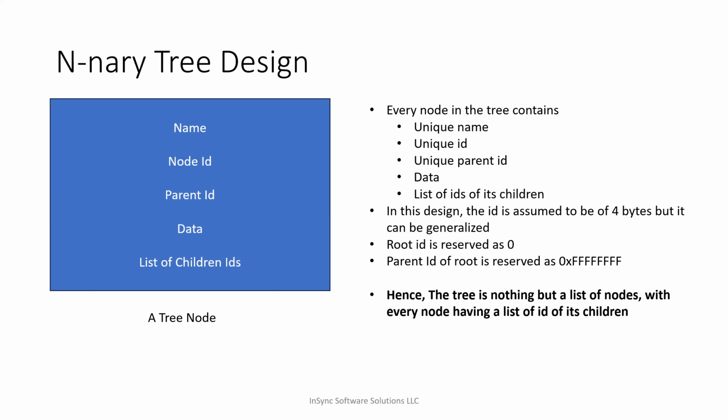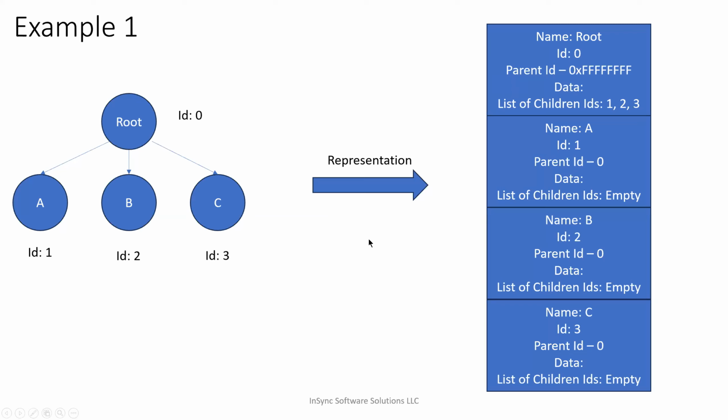Let's look at a couple of examples. A simple example with just one level, with the root at level 0 and then 3 children. So this is a ternary tree. We have root with ID 0 and then children A, B, and C with IDs 1, 2, and 3. So how are they represented?